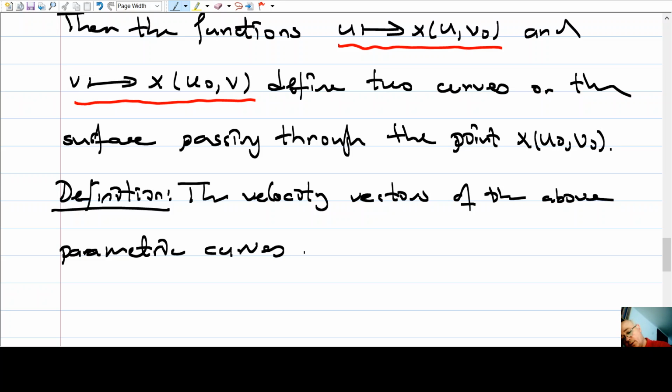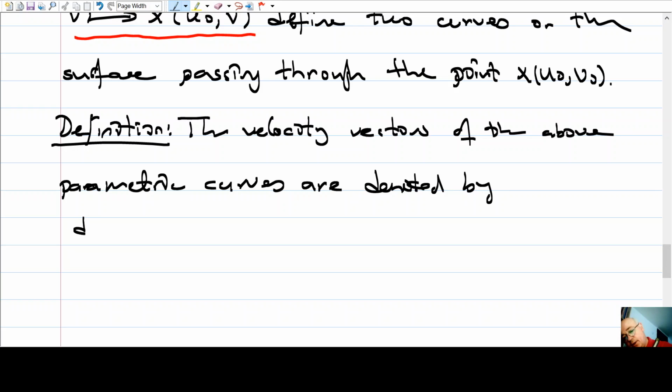Are denoted, so these velocity vectors are denoted by d/du of x of u, v0. So I take the u derivative of this function at u equals u0. So this is nothing but x sub u, right?